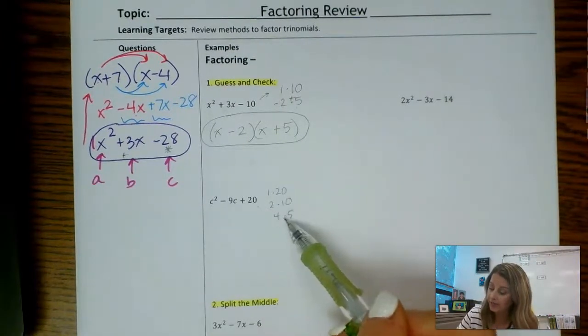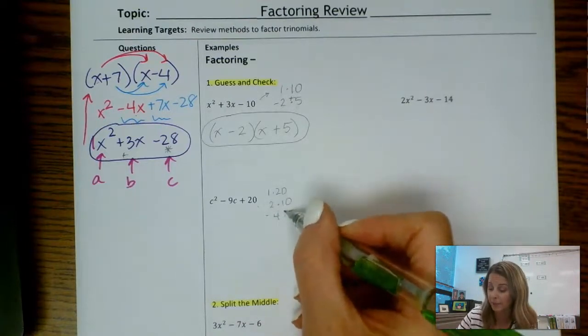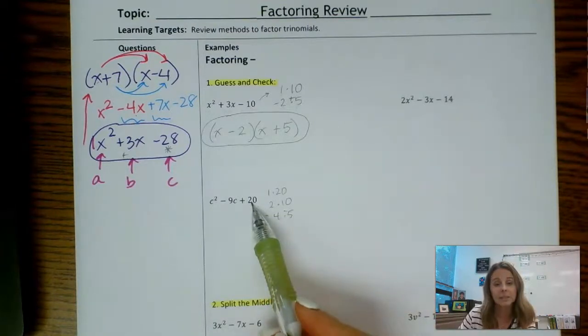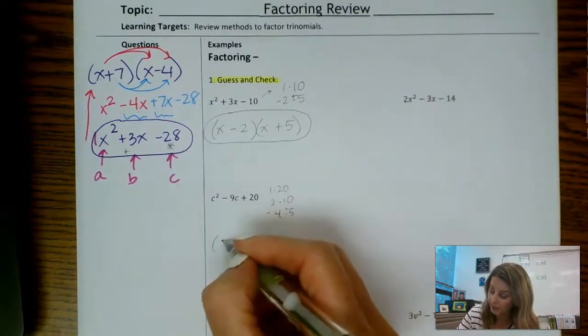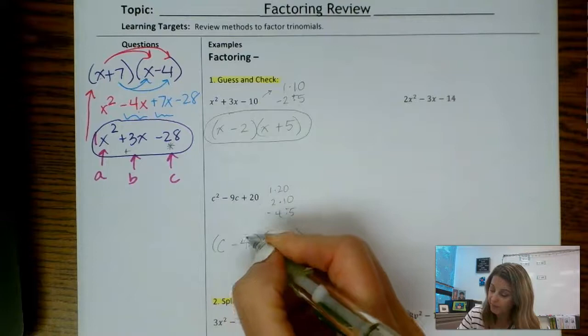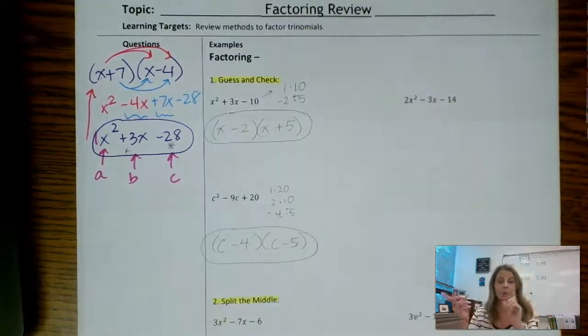So I can get 5 and 4 to add up to 9, and I can also get it to add to -9 by incorporating negatives on both. And then negative times negative gives me positive. So one of my factors is -4, one is -5. And it does not matter the order that you wrote it in.